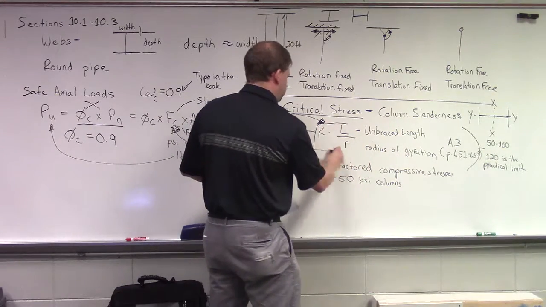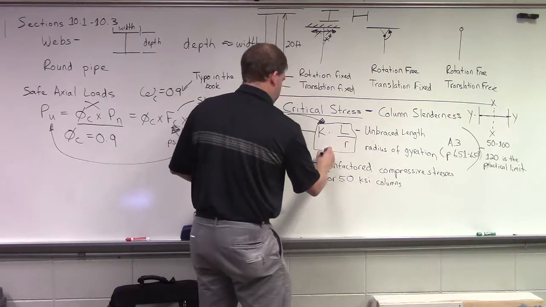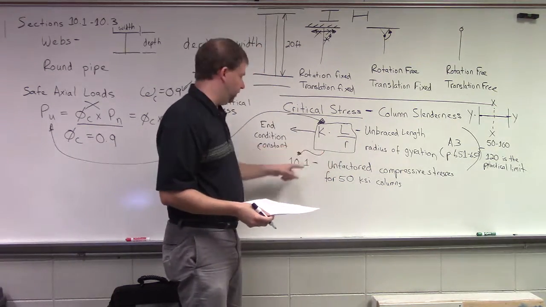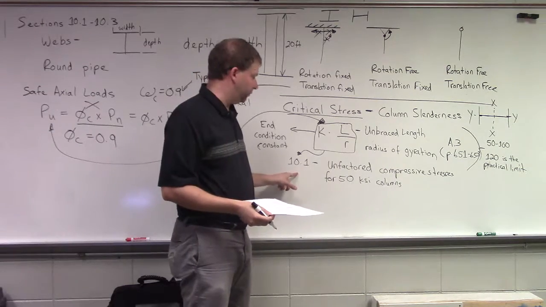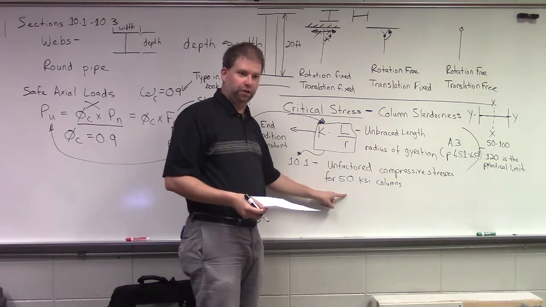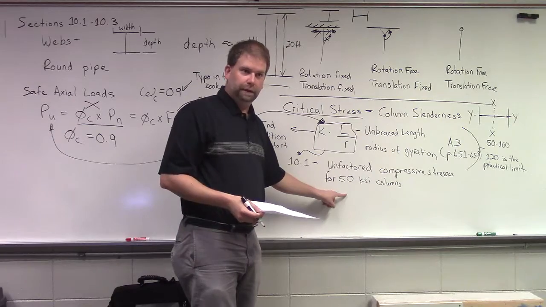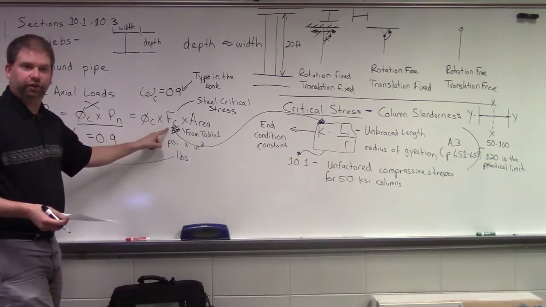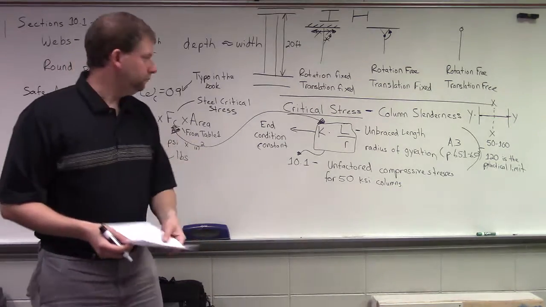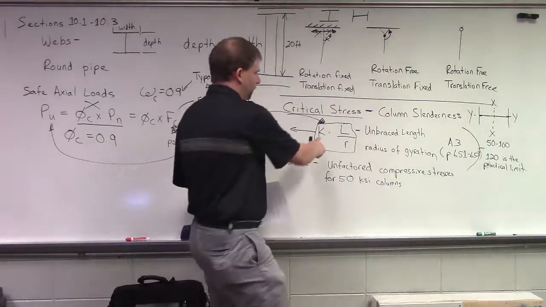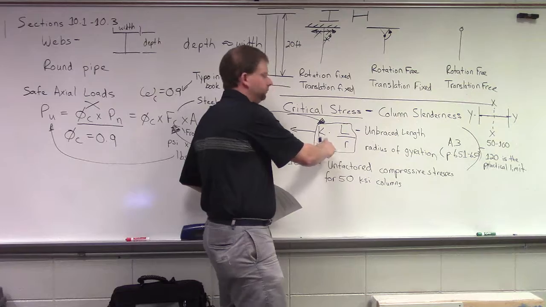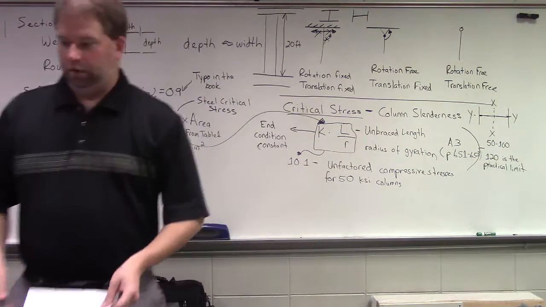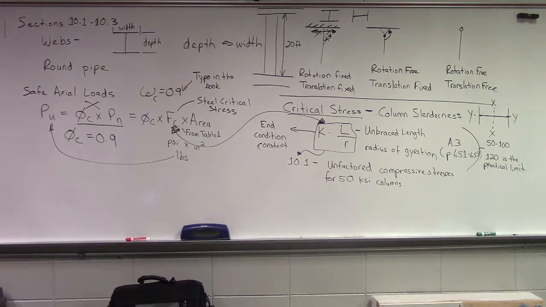Once you determine this value, you go and look through the chart on table 10.1, that gives you your unfactored compressive stress, which is F sub C. Once you figure out K, you correlate it to 10.1, K times L over R. But you get K from 10.1, I thought.